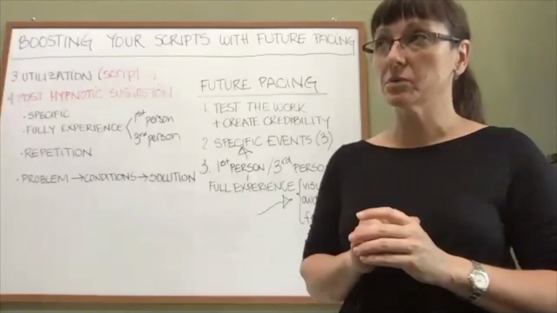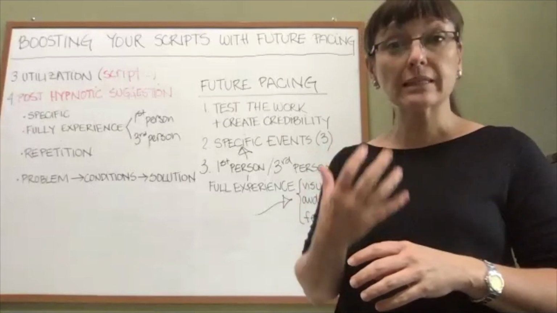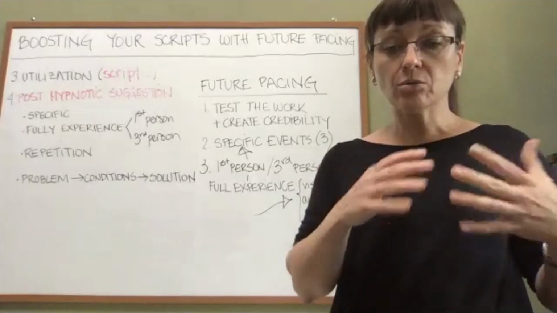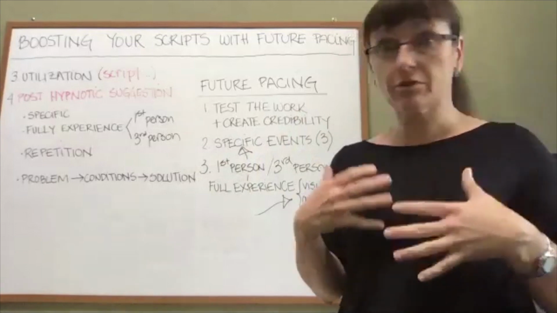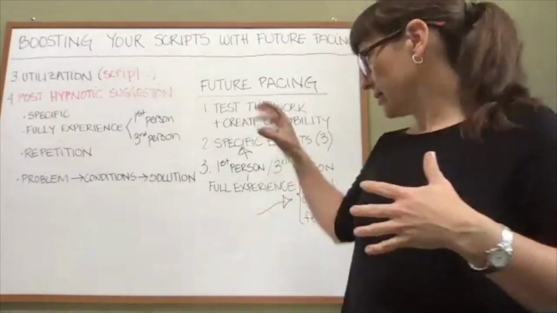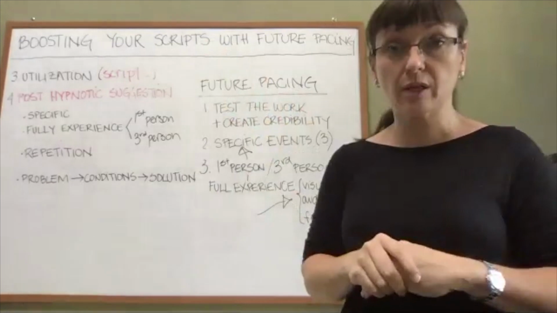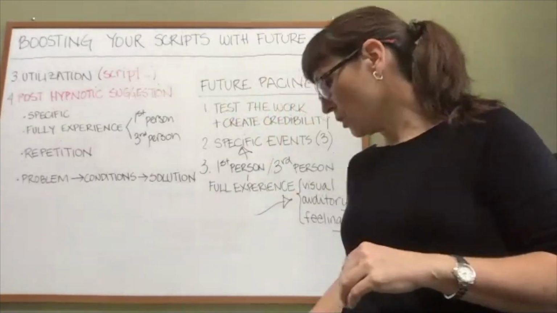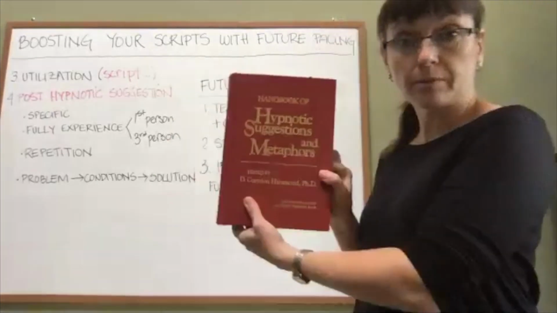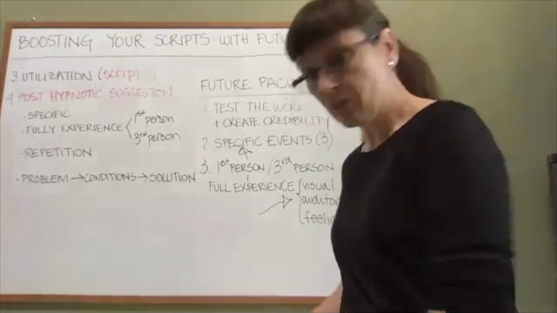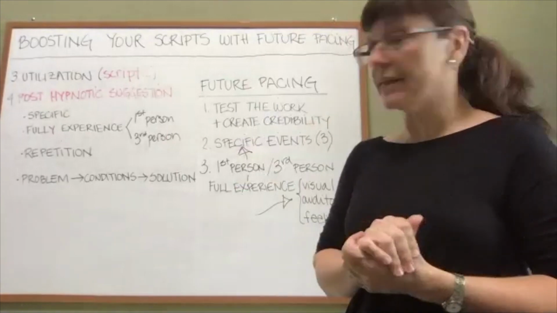I'll just count from 5 to 1, so that you can just sense into the experience of what it's like to listen to the generic script and just notice the difference of adding this future pacing, these specifics, into the script and into the post-hypnotic suggestions. What I will do is first read our original script from the book, and then read through the changes for our client A and then the changes for client B.